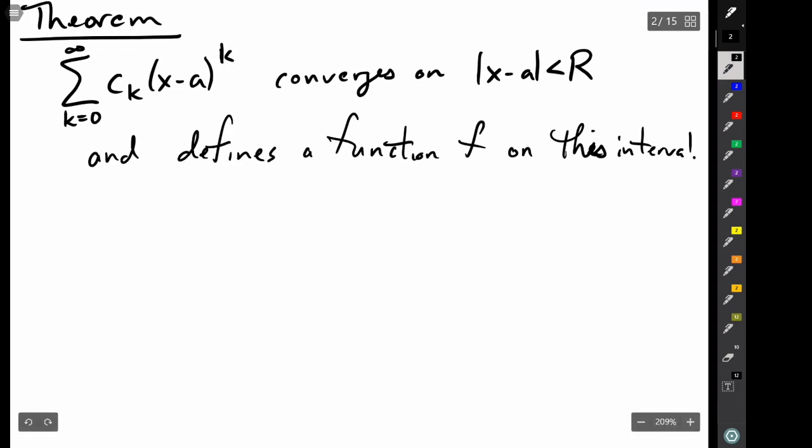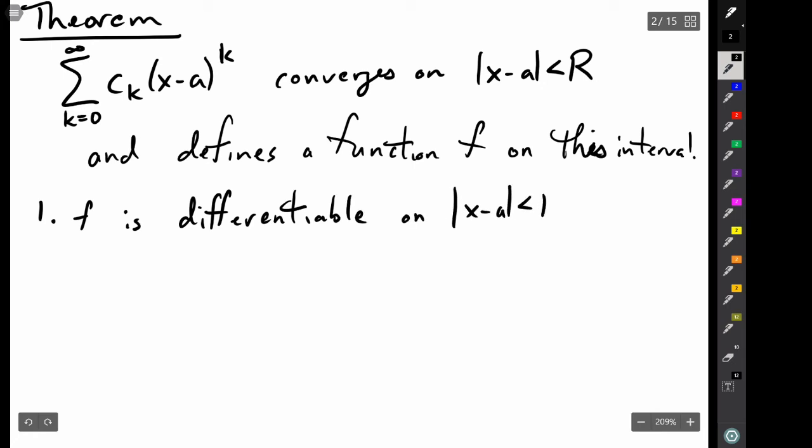So what we can say then is that f is differentiable on this interval. And why should that be true? Well, we're essentially saying that this function is equal to this power series, but look at what that power series is.